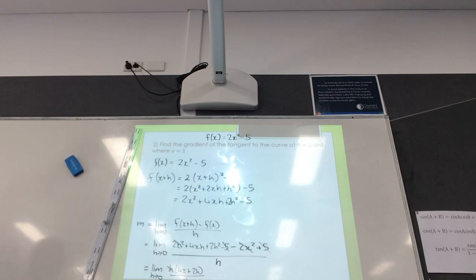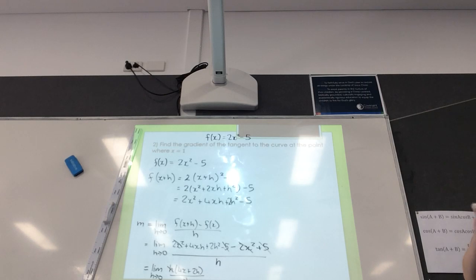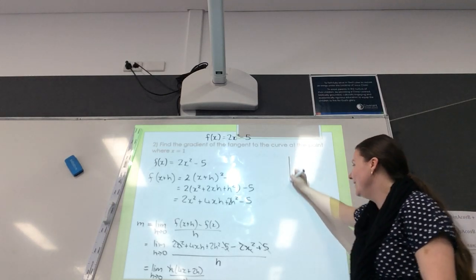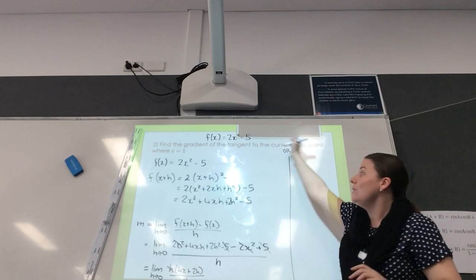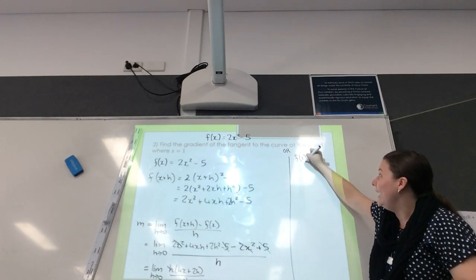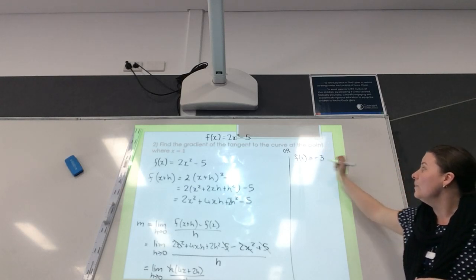Now, Jamila asked, could we have substituted at the beginning? Is that what you were asking? Well, we could have. So alternatively, because we had this x value is 1, we could have said f of 1 and found that is negative 3.